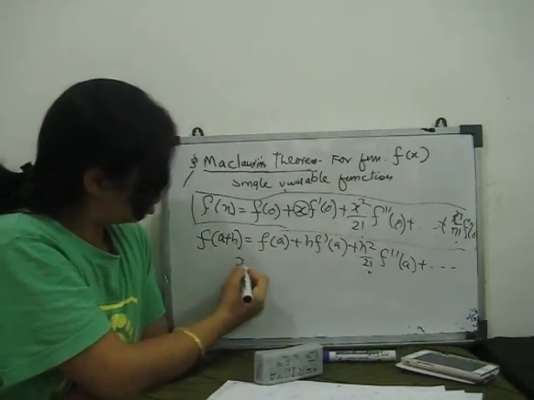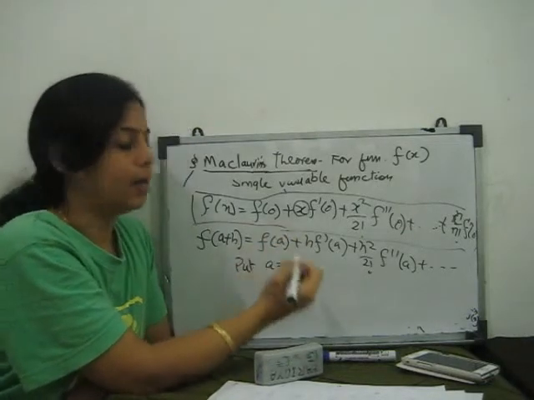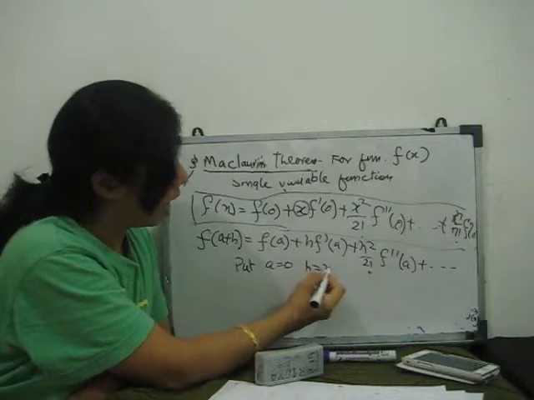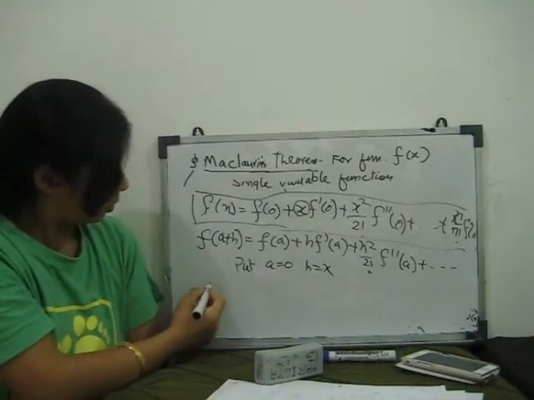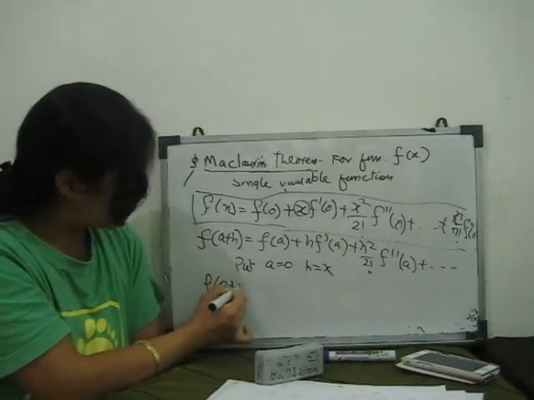Now put a equal to 0 and h equal to x. If we substitute, a equal to 0 means 0 plus x.